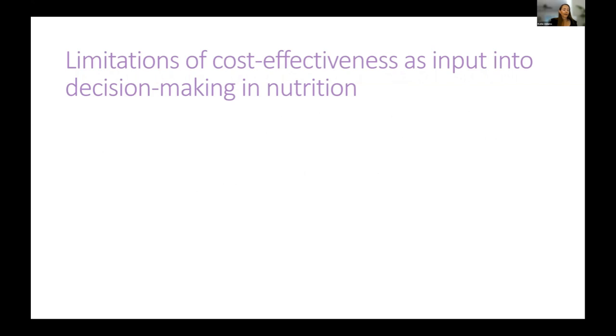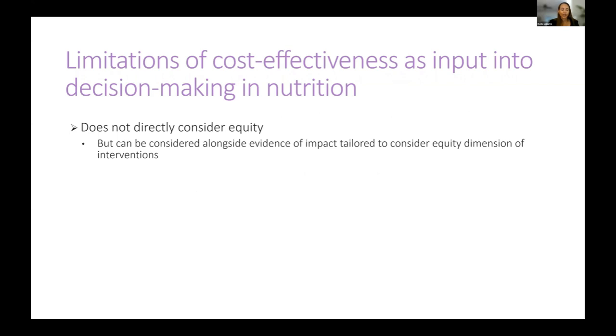At the same time, I think it's also extremely important to be aware of the limitations of cost effectiveness analysis as input into decision making. So some of the key limitations I want to highlight today are, first, that cost effectiveness does not directly consider equity.